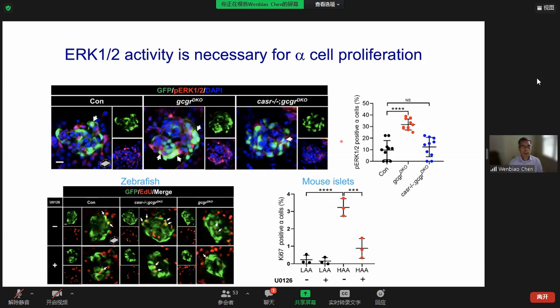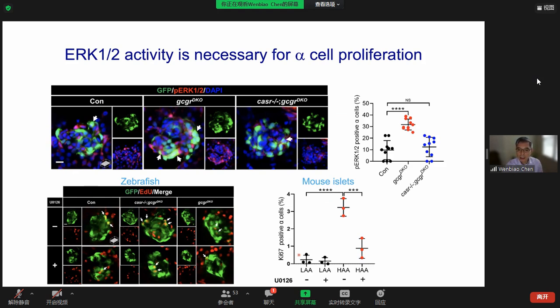What we found is that ERK activation, as indicated by phospho-ERK immunostaining, coincides with conditions that increase alpha cell proliferation, and inhibition of ERK1/2 using a MEK inhibitor can suppress alpha cell proliferation in both the double knockout animals and in several other models we have that can increase alpha cell proliferation.